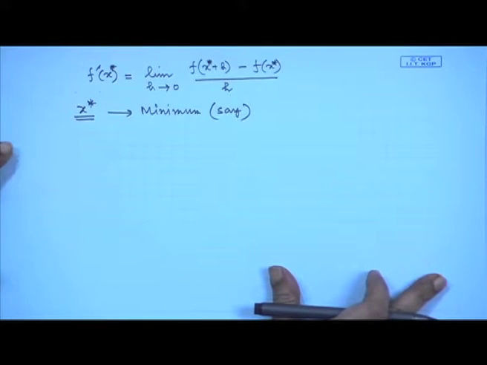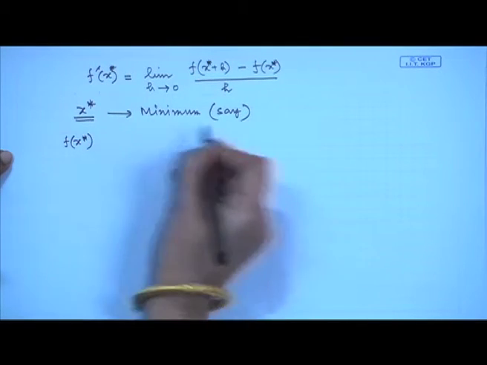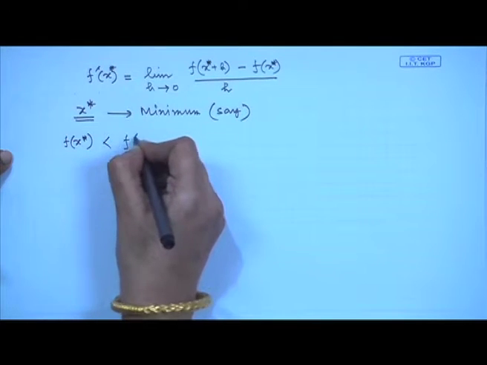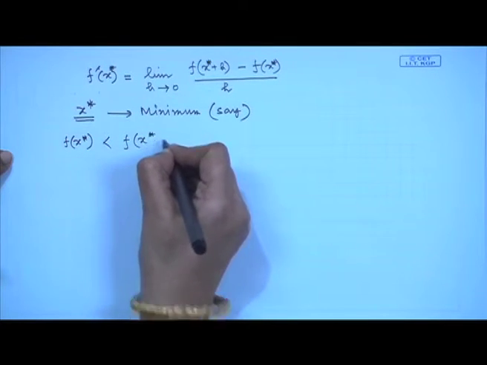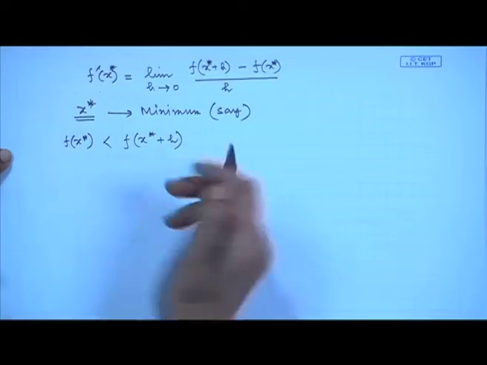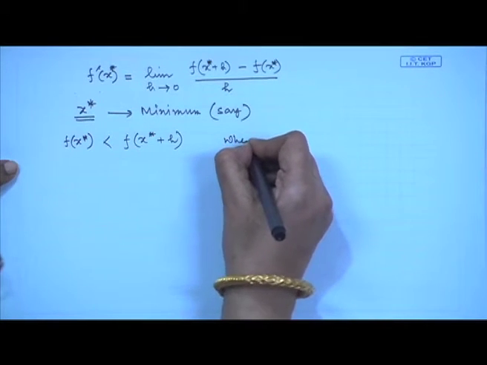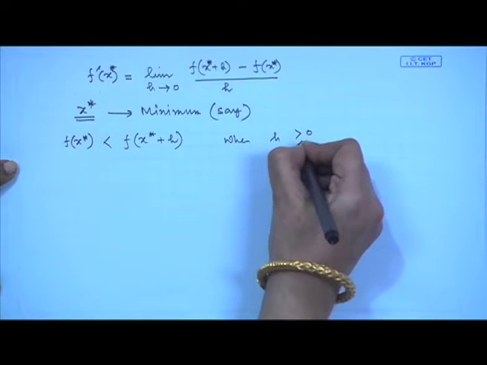Now, what we have said is that x star is minimum, that is why f(x star) would always be lesser than f(x star plus h), because you have learned that if there is a local minimum, then in the neighborhood of that point we won't get any lesser value for that function, other than that point. That is why we can say that f(x star) is always less than f(x star plus h) when h is greater than 0 or less than 0.